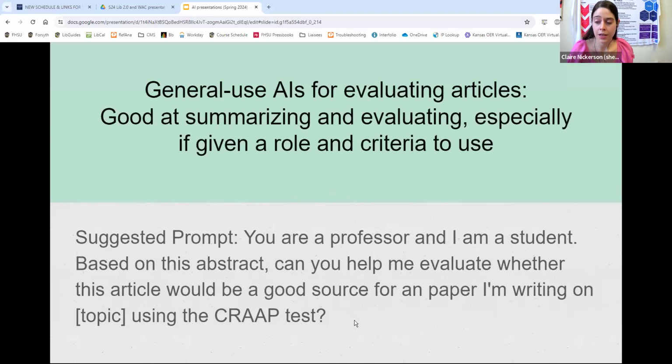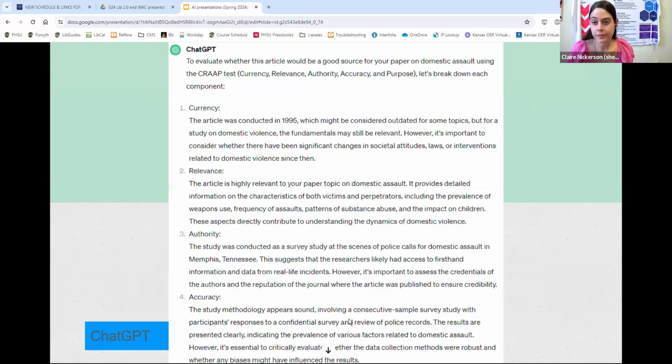Based on this abstract, can you help me evaluate whether this article would be a good source for a paper I'm writing on a topic, using the CRAAP test, which of course is a test that a lot of academic librarians teach. ChatGPT applied the criteria and made the recommendation that the student should supplement this source with more recent research, because I did feed it an abstract of an article that was published in 1995, and it recognized that that was potentially an issue.